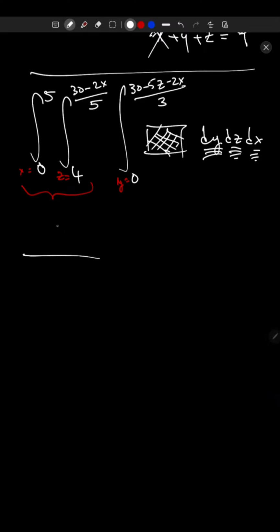To draw the shadow is exactly a two variable calculus problem, right? So now we're only looking at x and z as the outer two variables. Let's look at the outer of those outer two variables, x equals 0 to 5. That means we only want to integrate from 0 to 5, so everything between these two lines here.